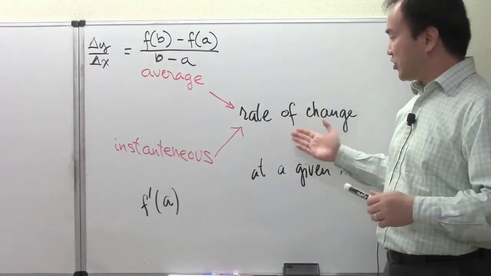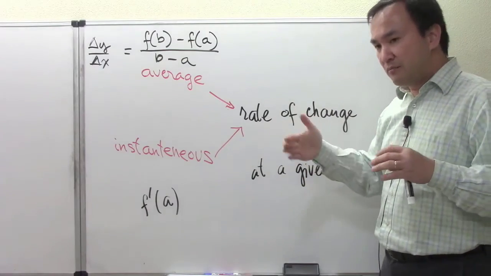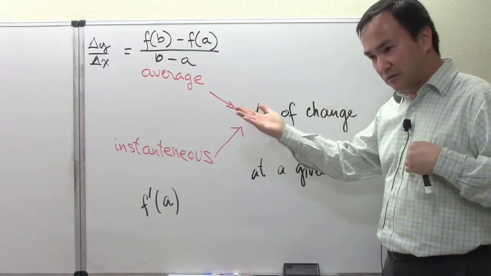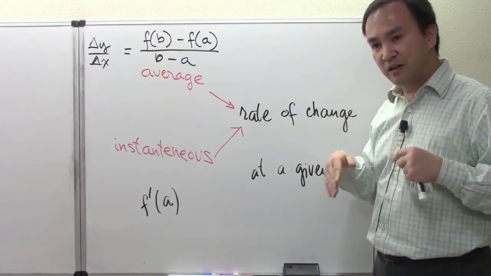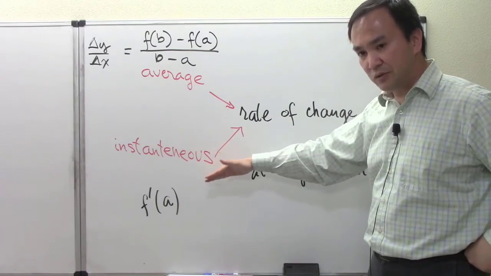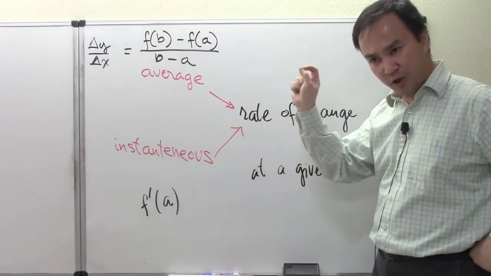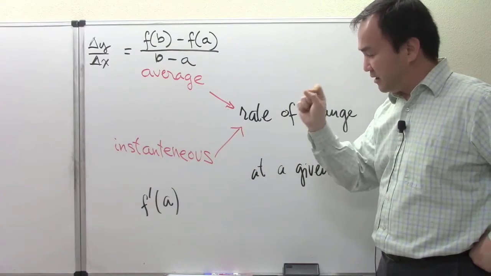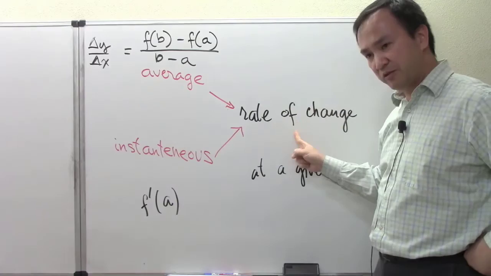So for short, anytime from now on when you hear me, or anyone who studies calculus, say find the rate of change, automatically understand that they refer to the instantaneous rate of change, because that's always the better, precise version.